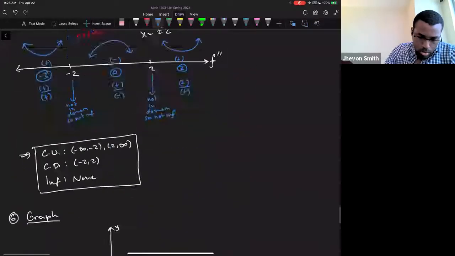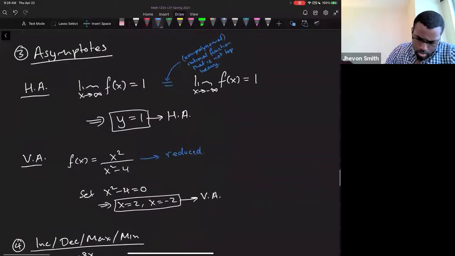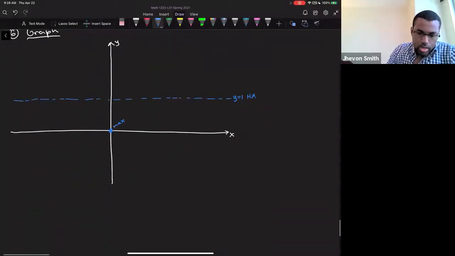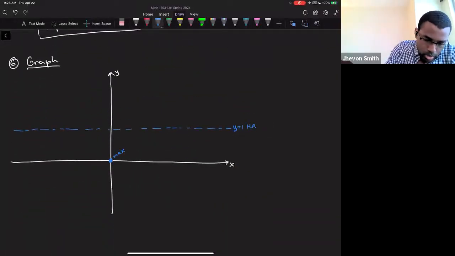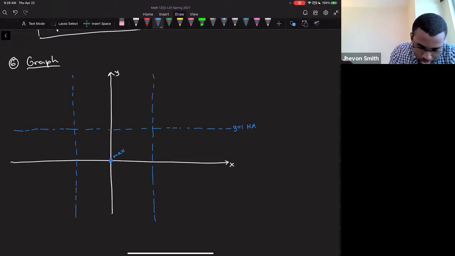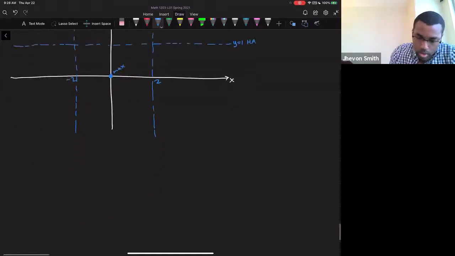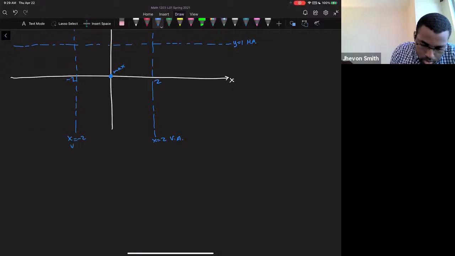We have 2, I believe. 2 and -2. Yeah, 2 and -2. So now I would have at 2, -2. Well, vice versa. This is -2, and that is 2. So this is x = 2, so vertical asymptote, and here x = -2, so vertical asymptote.